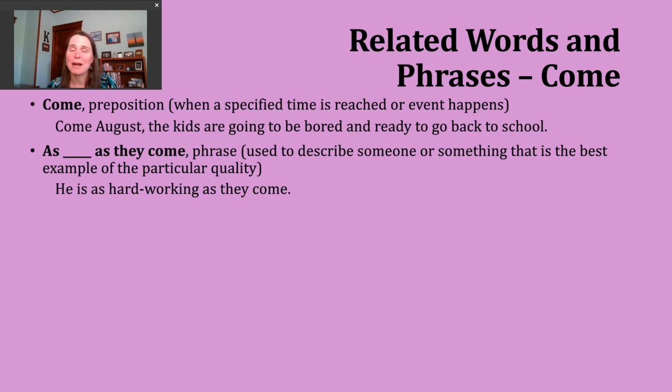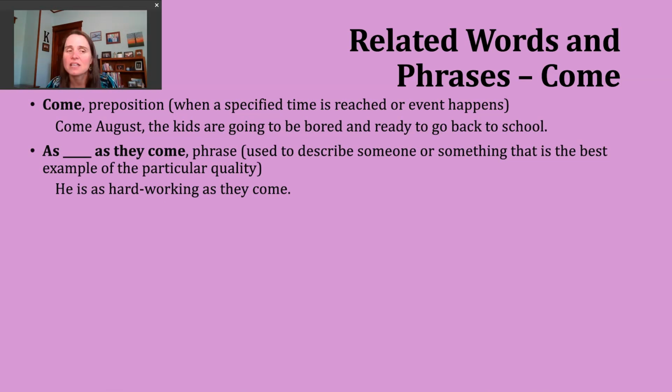A phrase you might encounter is as, then usually an adjective, as they come. So as blank, as they come. When someone uses this phrase, they're trying to describe someone or something that they think is just the best example of that adjective, of that particular quality.